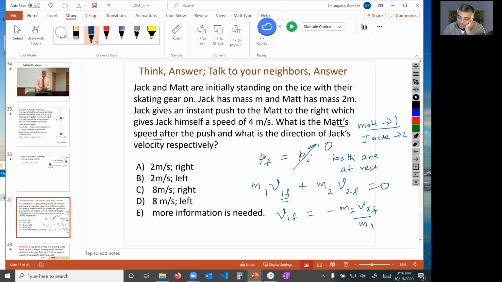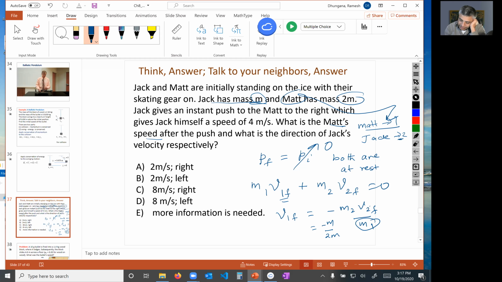And M2, let's see, Jack is 2, has mass M, so that means it is negative M over 2M. M1 is 2M, Matt, and Matt is 1, right?